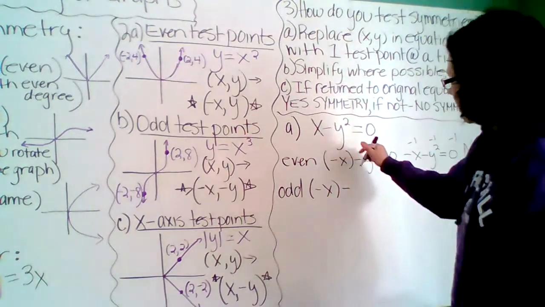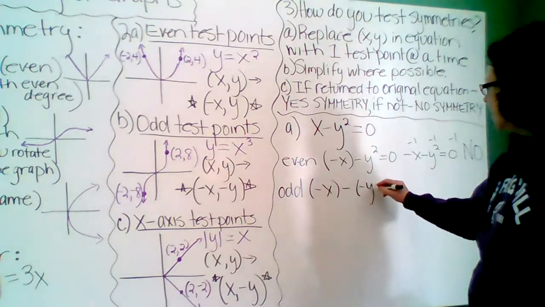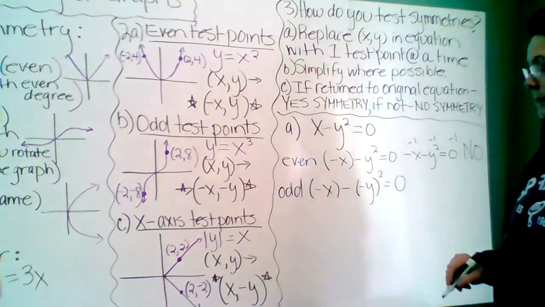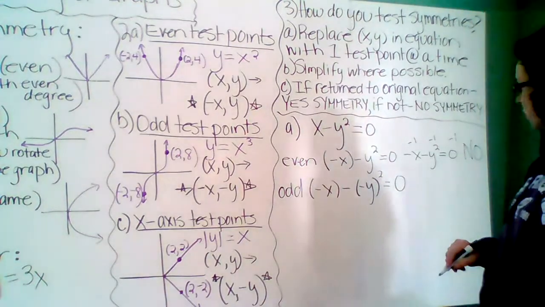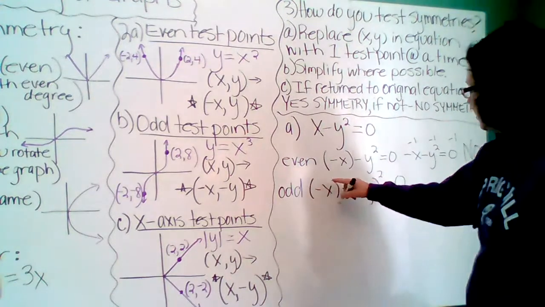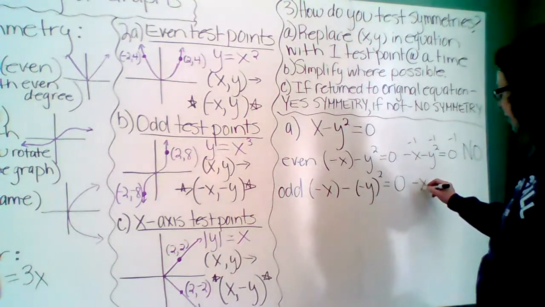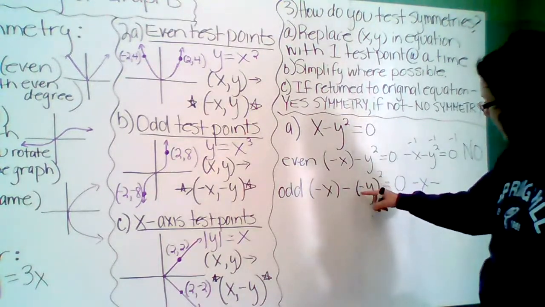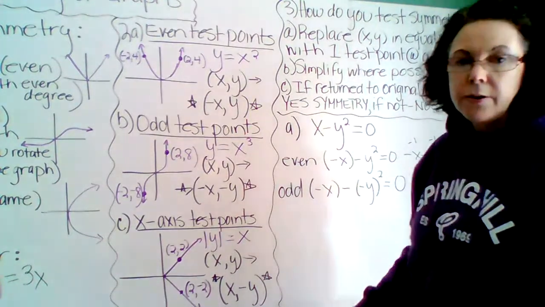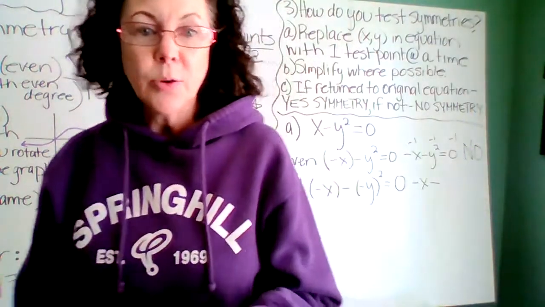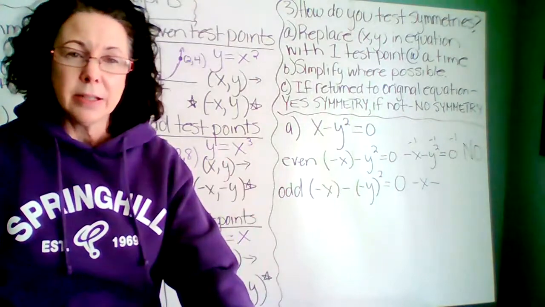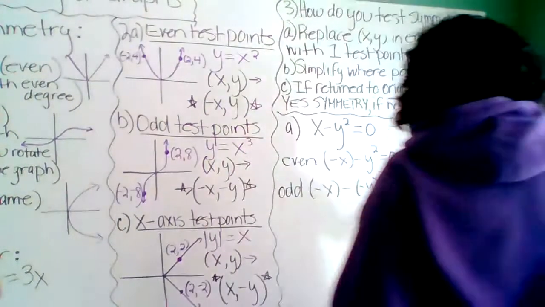For this y right here, in parentheses, I replace with a negative y. Now simplification. I don't really need the parentheses on the negative x. Take a look here: a negative y squared is a negative y times a negative y, which is a positive y squared.